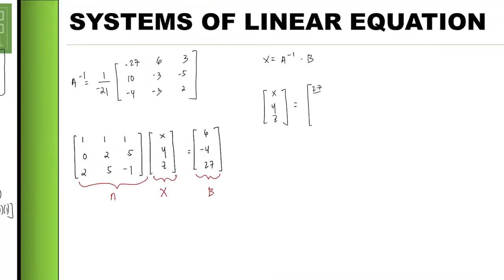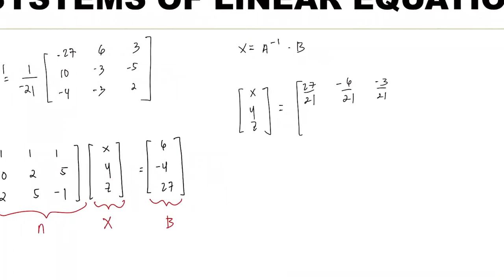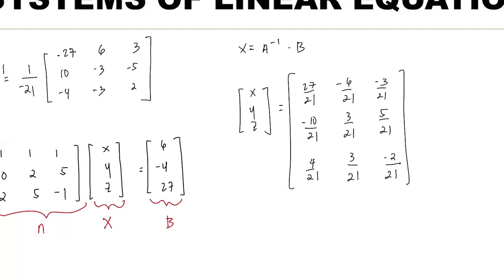So 27 over 21, negative 6 over 21, 3 over 21, then negative 10 over 21, 3 over 21, 5 over 21, then 4 over 21, 3 over 21, then negative 2 over 21. Okay, so ito yung inverse natin.